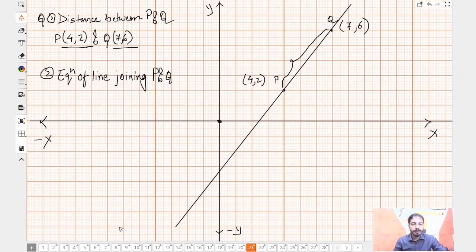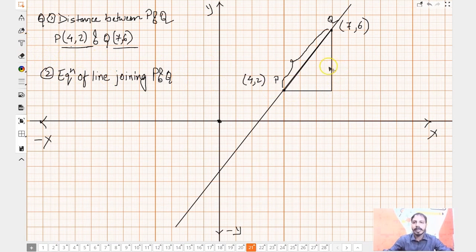So how do you find this? Now this is very simple. By using Pythagoras, we can find this. So what we will do is, let me say we have a triangle in this way.